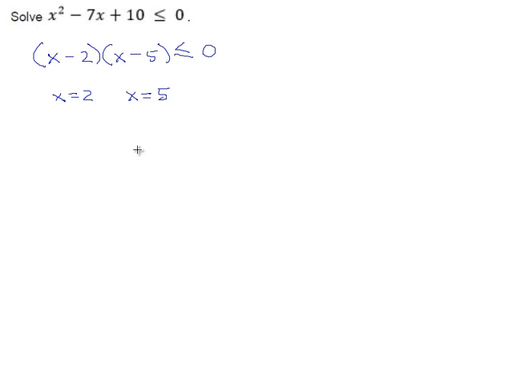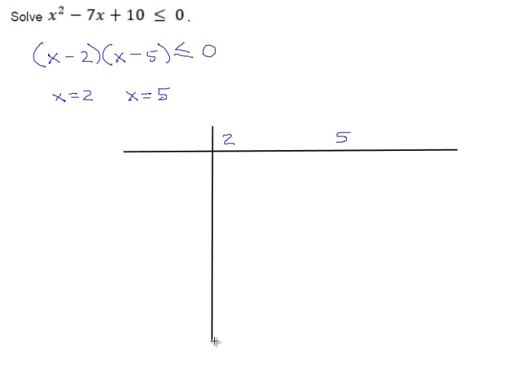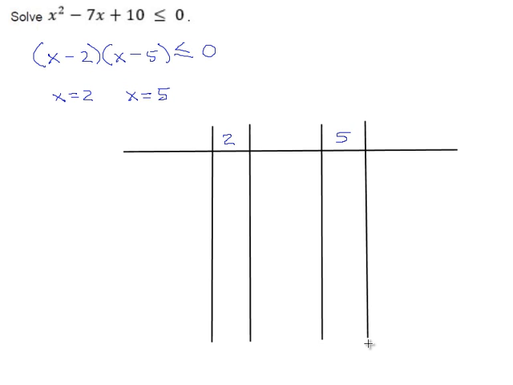So what do we do with those? We set up a number line. And on that number line, we're going to mark 2 and 5 in order. And we're going to be looking at how this expression behaves, the x squared minus 7x plus 10, or the factored form of it, exactly at 2 and exactly at 5.